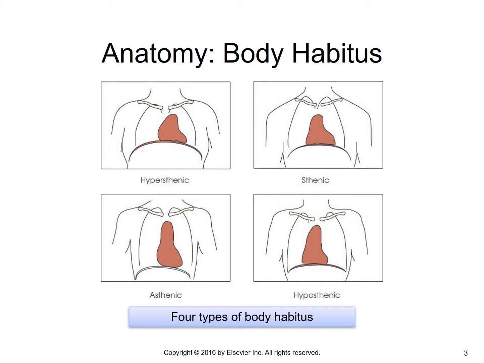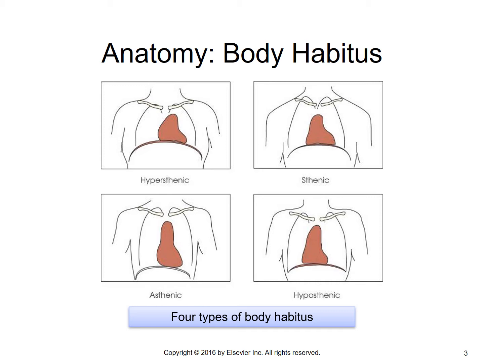When we look at this, what do you notice about the hypersthenic person? What you should notice is that the lungs are going to be smaller and more compact because the diaphragm is higher. When we look at the asthenic, the lungs are long because the diaphragm is at a lower position.